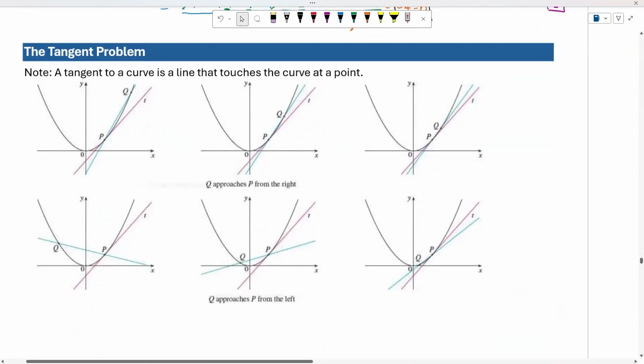From now on, we will work on a lot of problems related to the tangent line. So let's see what this means by tangent. A tangent to a curve is a line that touches the curve at one point. For example, if this is the point, then this line right here is the tangent line.